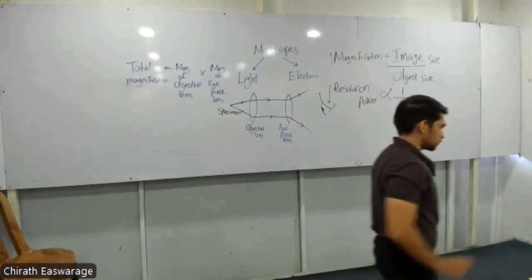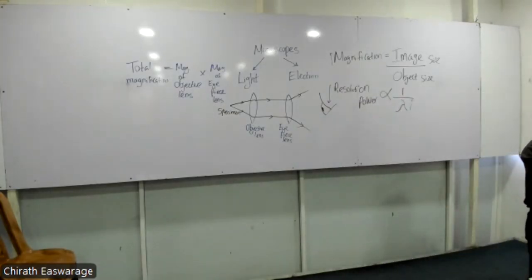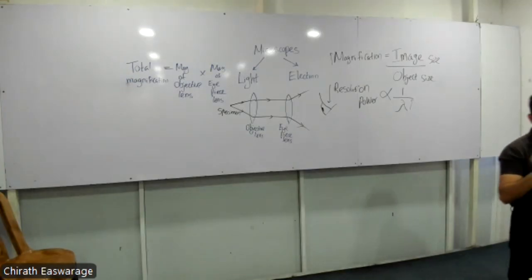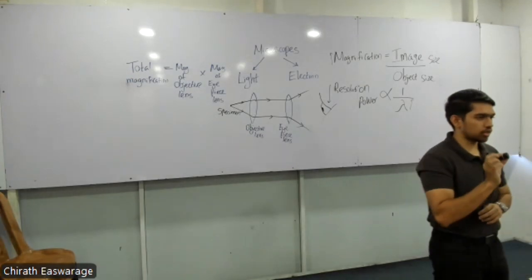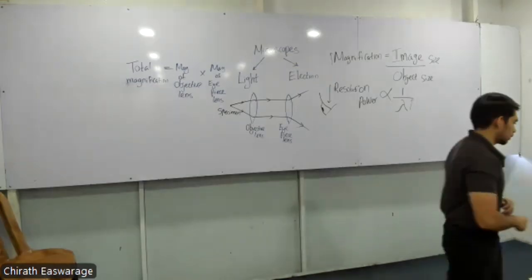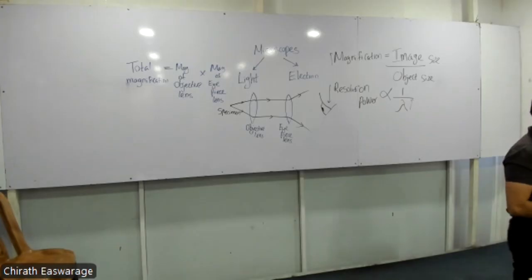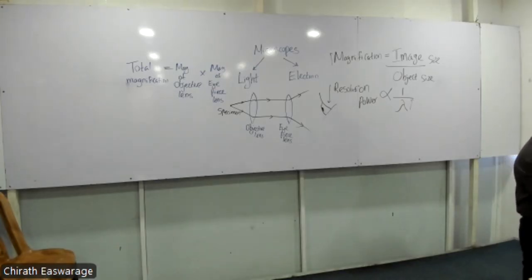So usually while you're taking down, this is the eyepiece, right? Eyepiece lens. Usually there's a standard. Eyepiece lenses are 10 times magnification, 10x, right? And in a standard light microscope, there are 3 objective lenses that you can rotate, right?